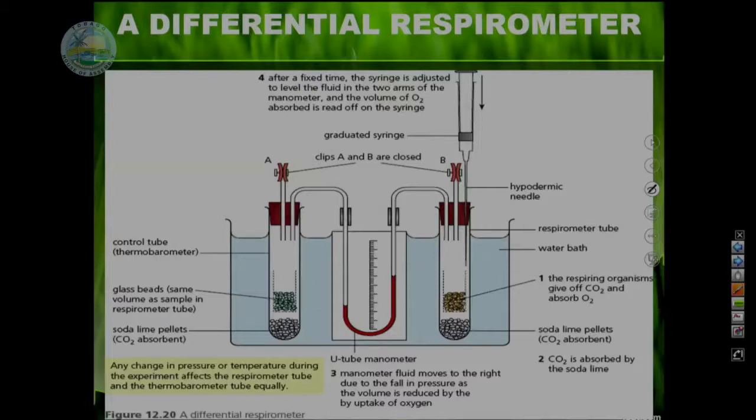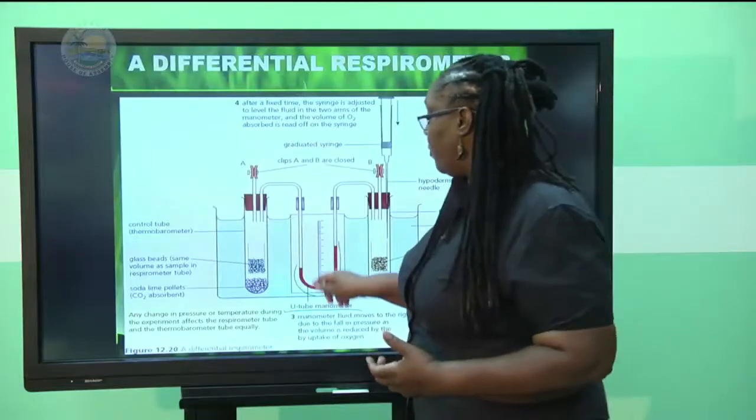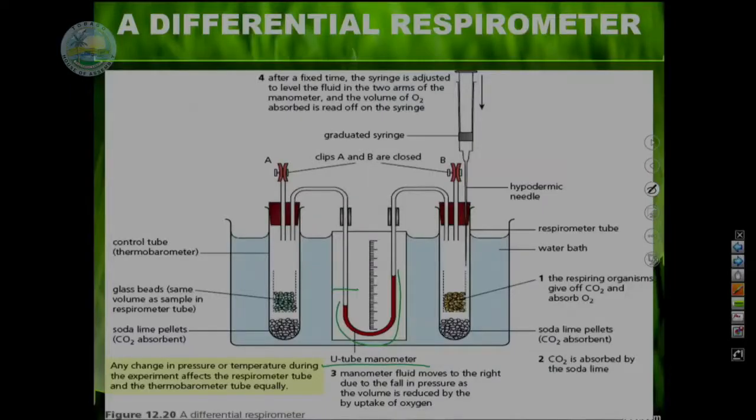And here you are seeing they're connected by a U-tube manometer, and you have the manometer fluid within here, and this fluid will allow you to see the movement of the gas, right? So when you start off, both sides will be at the same point.